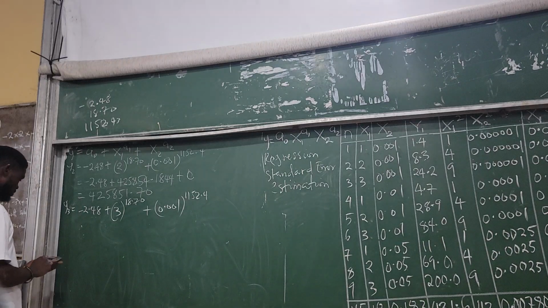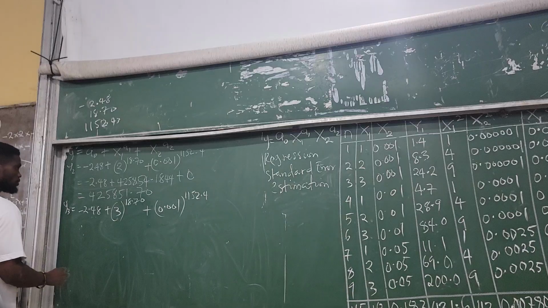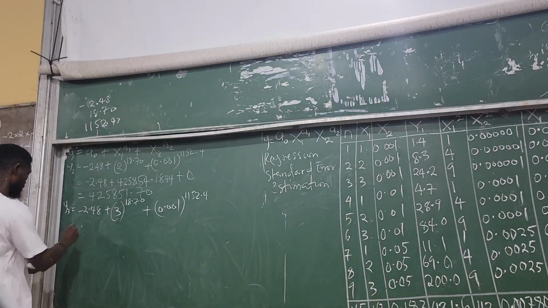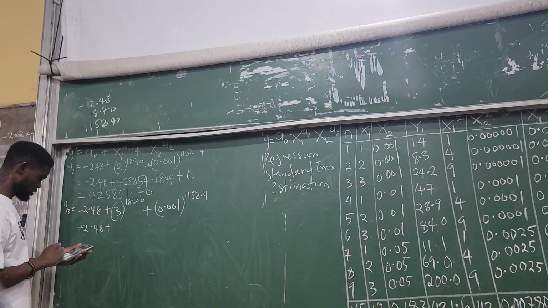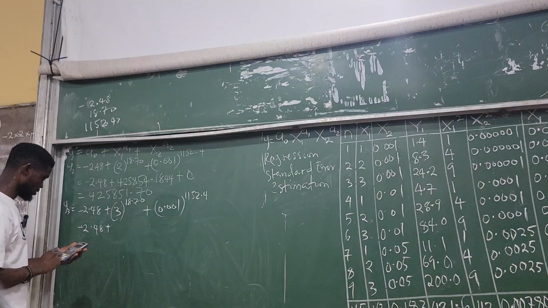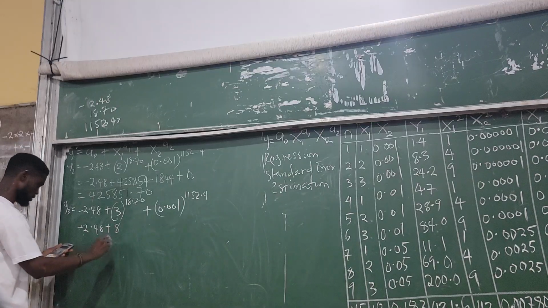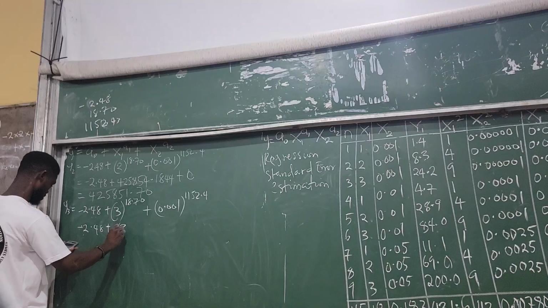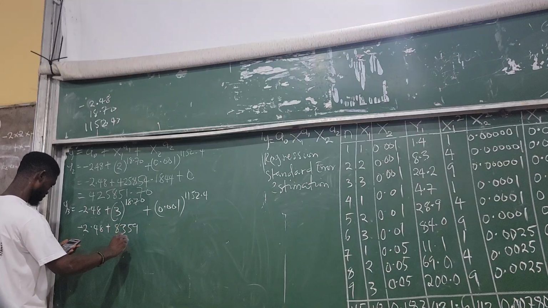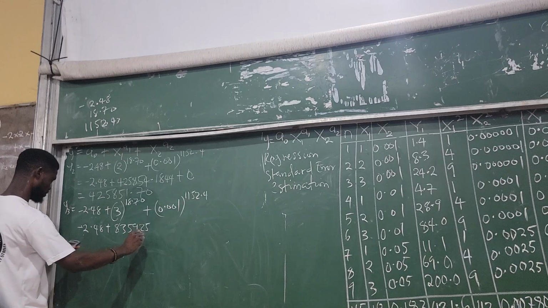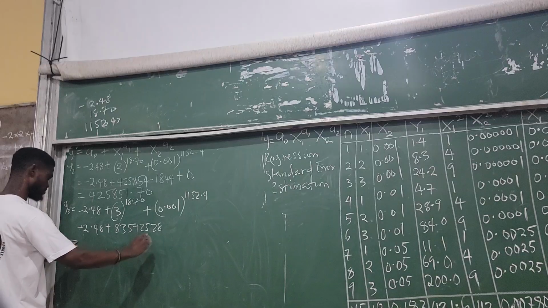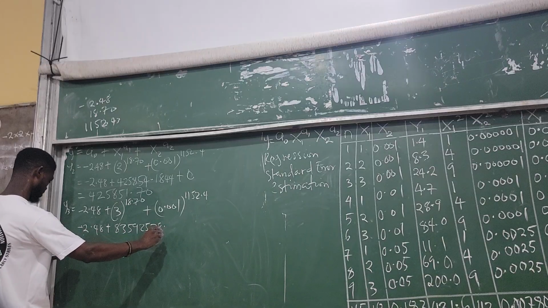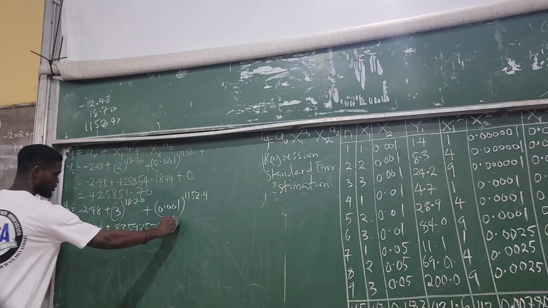So if you do that, remember everything here is 0. So what we have here now is minus 2.48 plus 3 raised to power of 18.70. So we have 8, 3, 5, 9, 2, 5, 2, 8.5 plus 0.